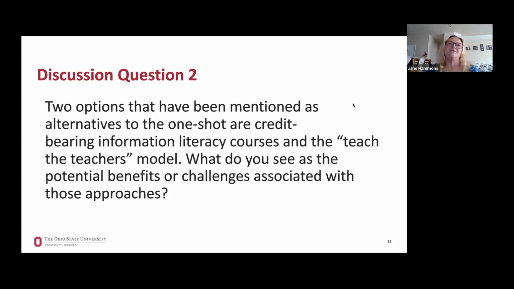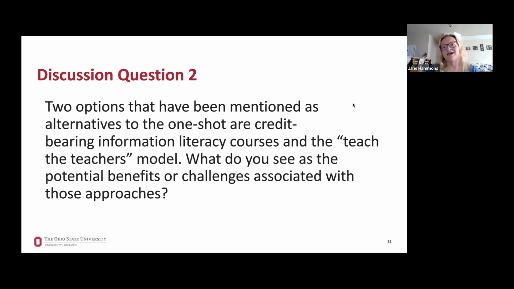So I think it has to be around how we are framing what it is that we're doing. We have to talk about information literacy as not something additional that they have to teach, but first of all, something that they're probably already teaching implicitly, even if not explicitly, and something that is going to help them solve the pedagogical problem that they are experiencing.